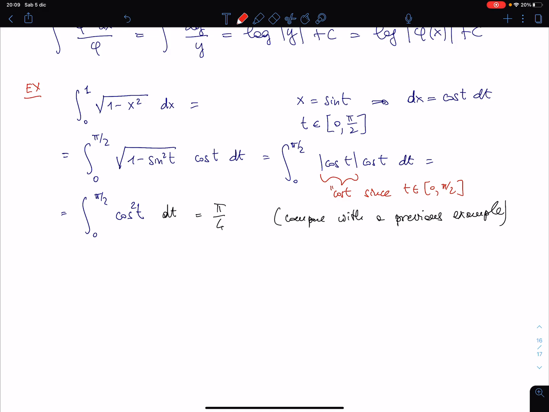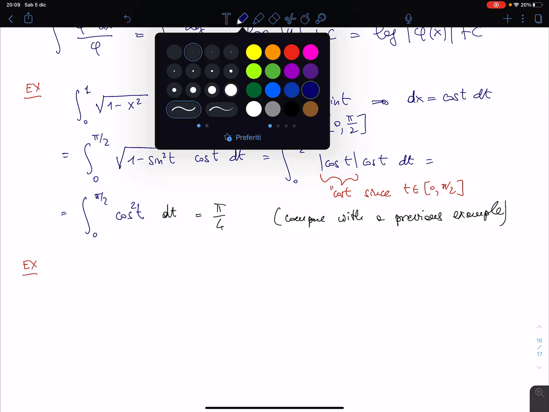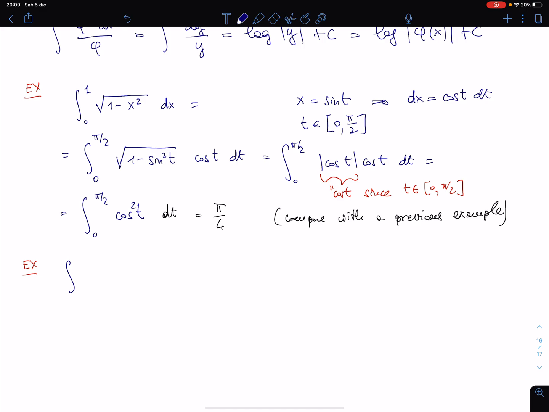You cannot solve integrals, you can solve problems, solve exercises, but compute integrals. So start with the indefinite integral.